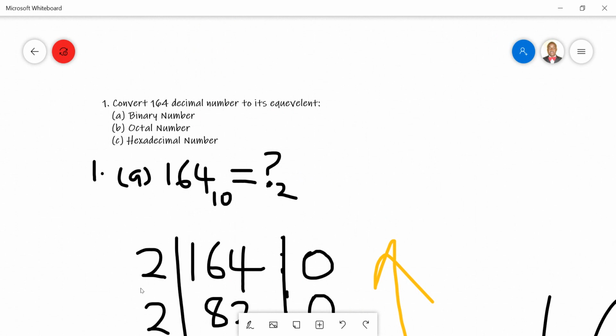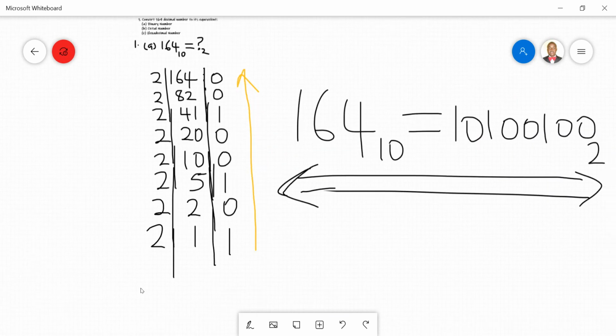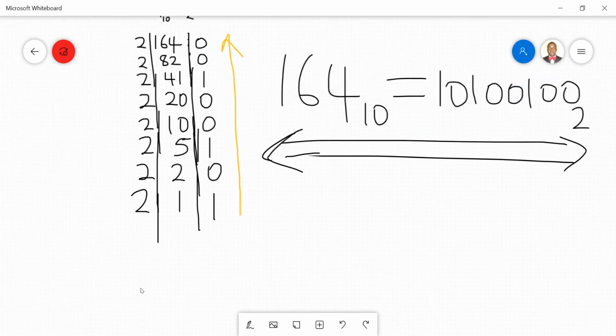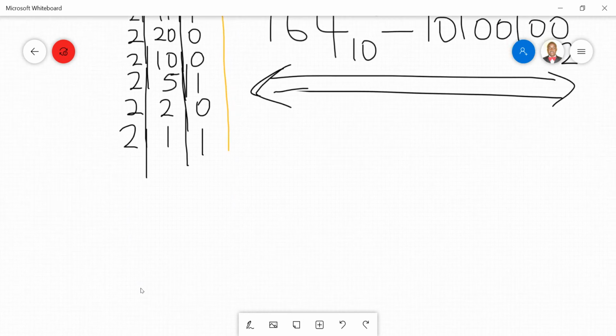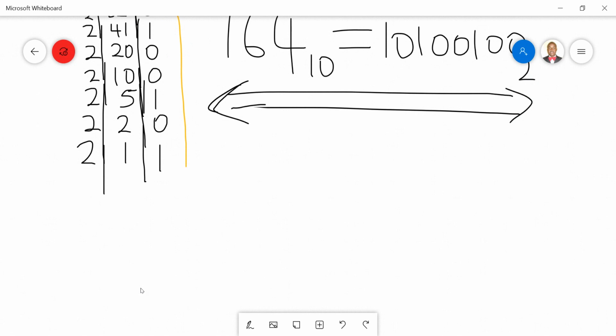Then it says, and also to its equivalent octal number. So now we're going to answer number B, 1.1b.